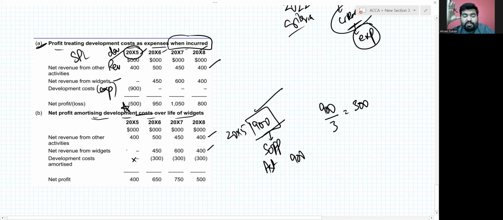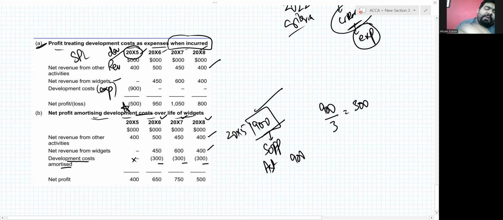But in further years 2006, 7 and 8, the amortization cost of development is written here, development cost amortized. So 300 here, 300 here, and 300 here. Basically, he has divided the amortization over the 3 years.